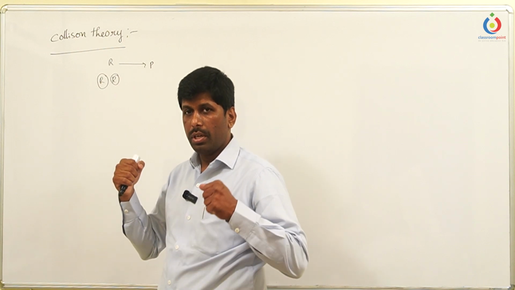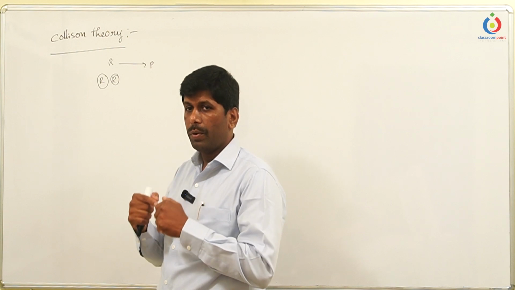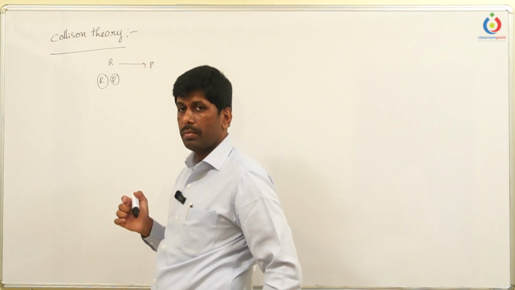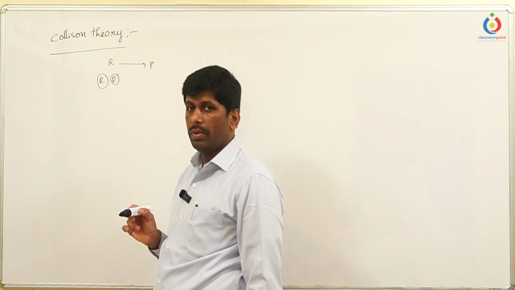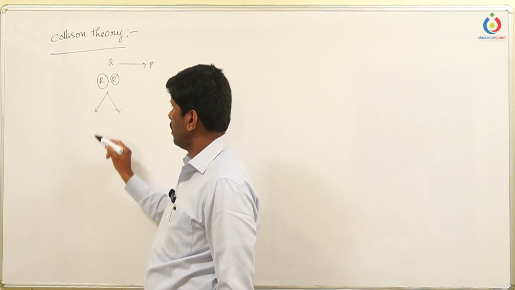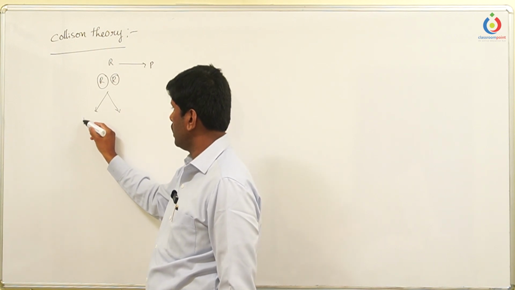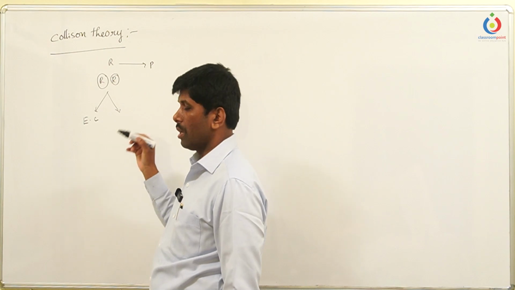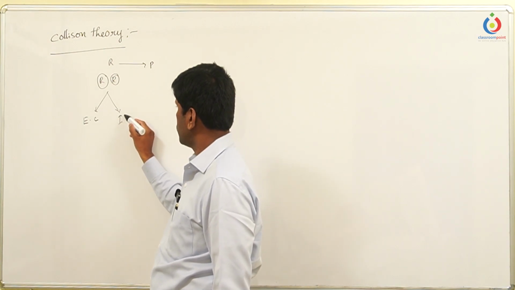So when these reactant molecules come close to each other, they collide, and only afterwards do they convert into the products. Here, not all collisions lead to the formation of products. There are two types of collisions. Collisions which give the products are called effective collisions, and those which do not give the products are called ineffective collisions.